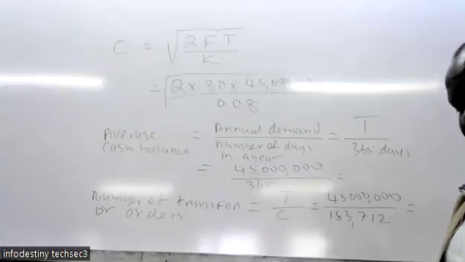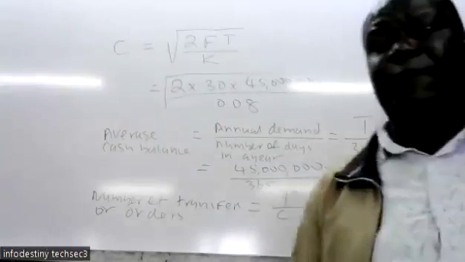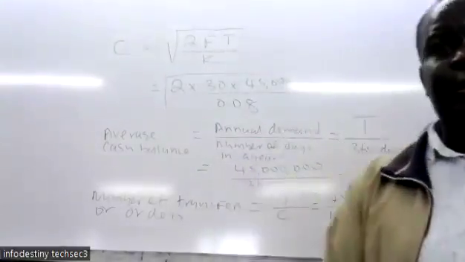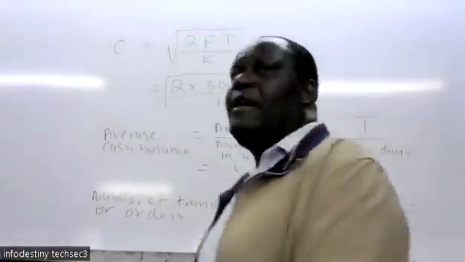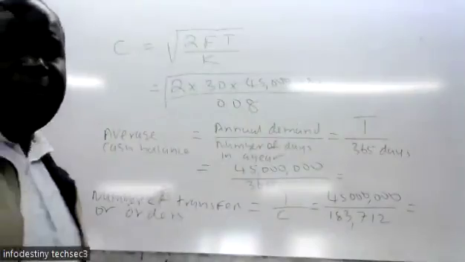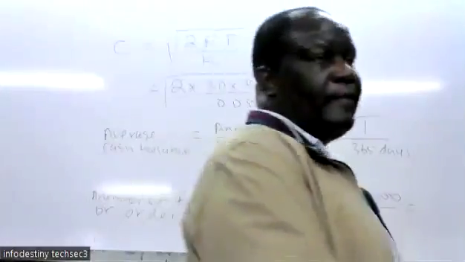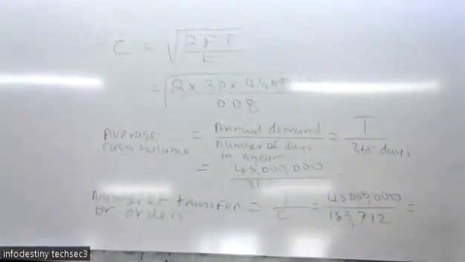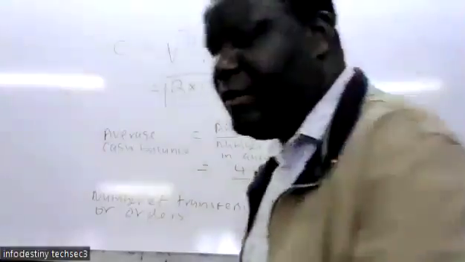Sometimes they normally ask you the frequency of making orders. Let us have the Roman letter 4 as frequency of making orders. So how long does it take to make an order?